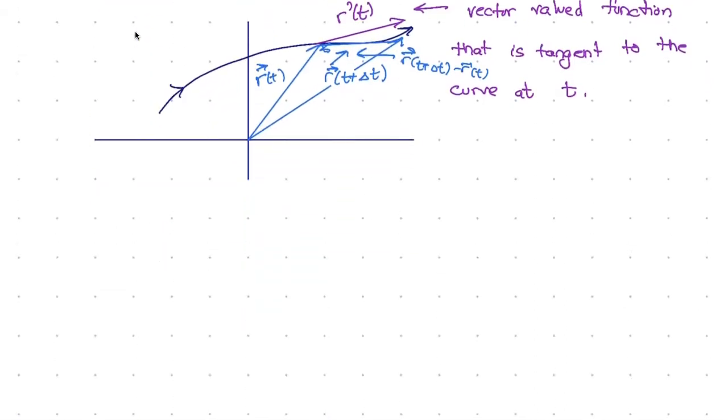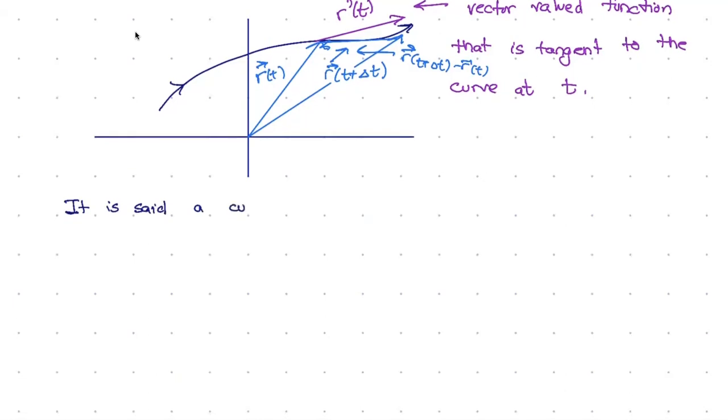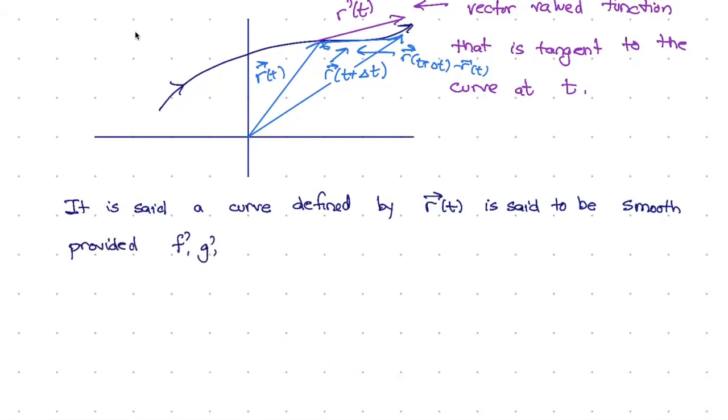And so we need to understand that a plane curve, or a curve defined by r of t, is said to be smooth, provided f prime, g prime, and if there is an h, h prime are continuous on I, and that r prime of t does not equal the zero vector for any t in I.